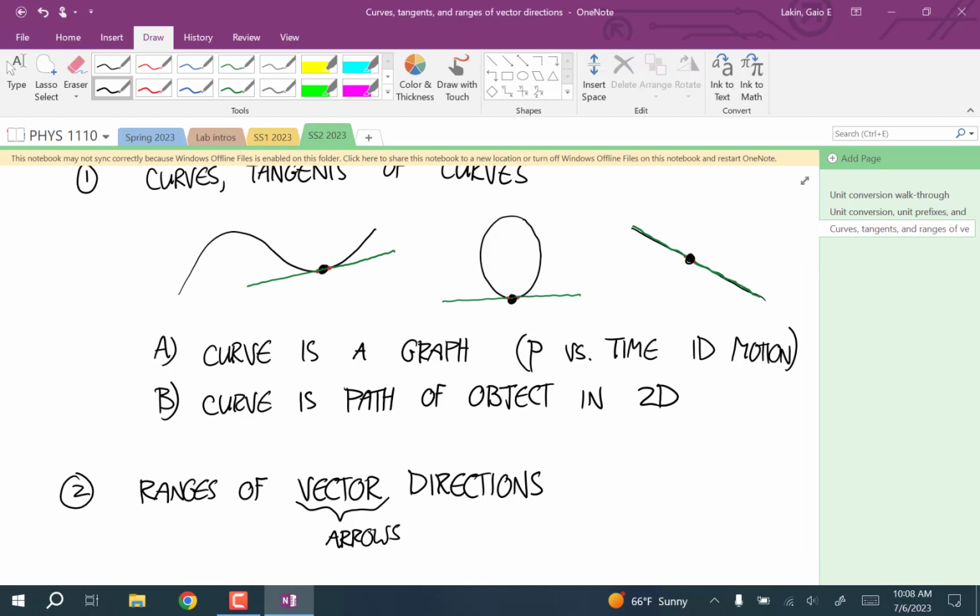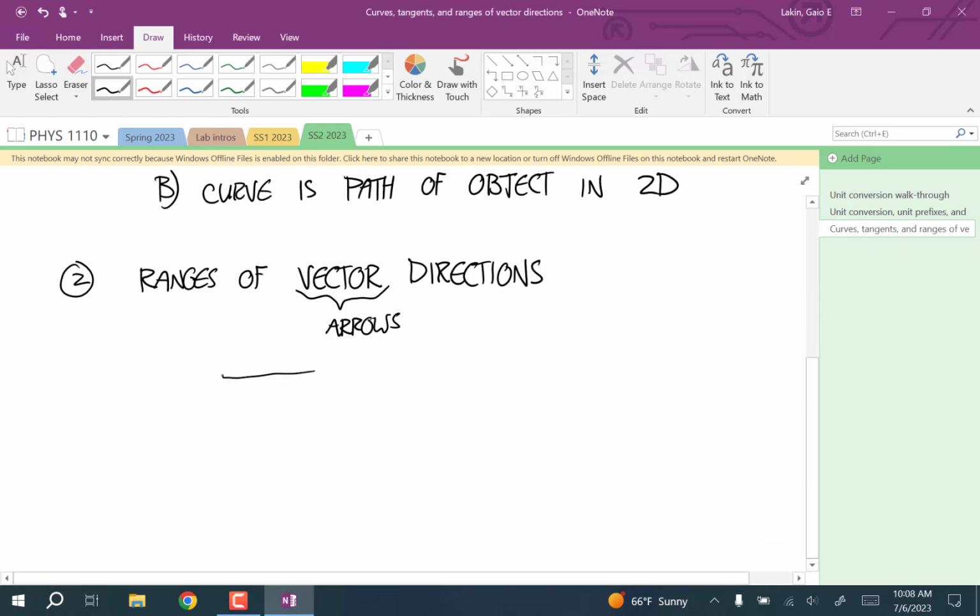Okay, so let's first get into curves and tangents. So I mentioned how to find the tangent of a curve.